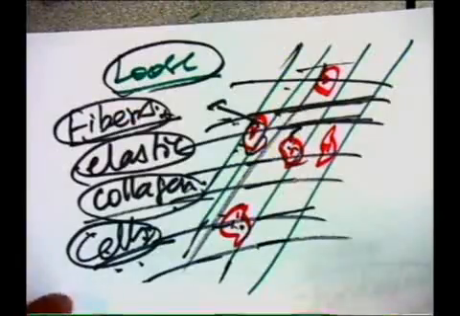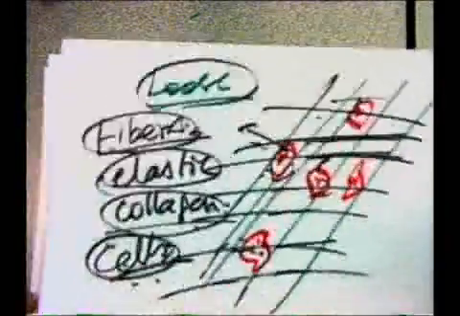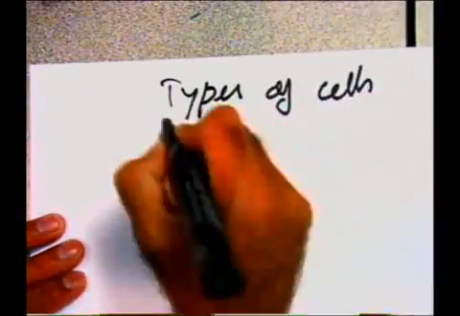So these are present in this fashion as a loose connective tissue. Example of loose connective tissue. Okay, the next one, we need the types of cells again in the loose connective tissues. We have done two cells. Okay, we have other cells too. Types of cells.